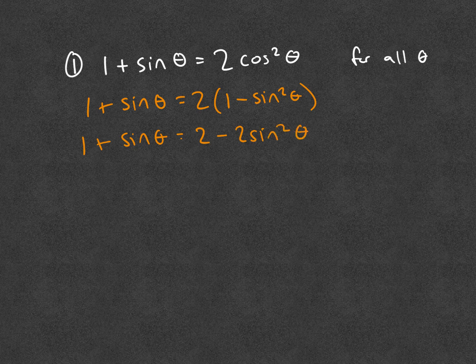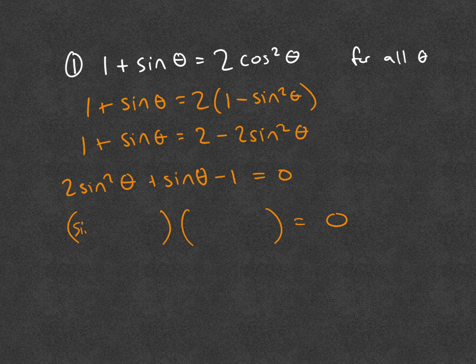And now we've turned it into one of those quadratic ones we were working on the other day. So I'm going to get it equal to 0, moving the 2 sine squared to the left: 2 sine squared theta plus sine theta, and subtracting 2 gives me minus 1 on the left side, equals 0. So now we can go ahead and factor that.